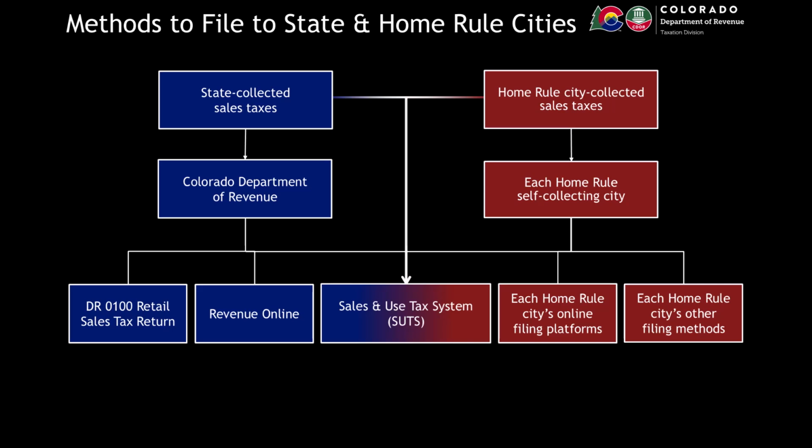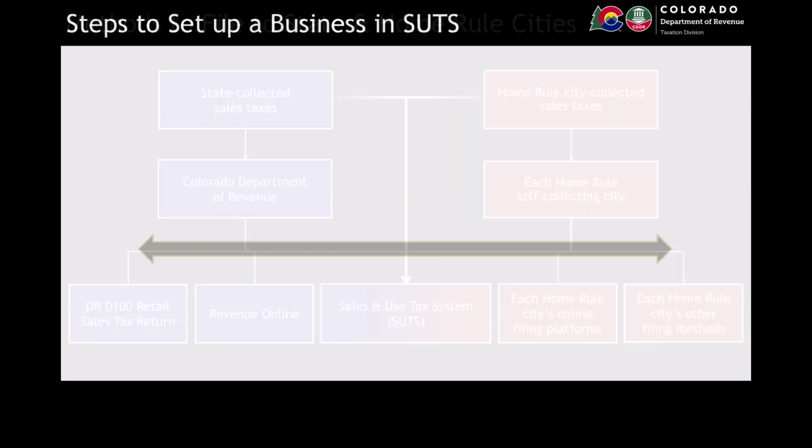This webinar is specific to the SUTS filing platform. If you would like to use another method to file and pay sales taxes, please contact the department or home rule self-collecting cities. We also encourage you to register for one of our monthly sales tax webinars. To register, please visit our website.